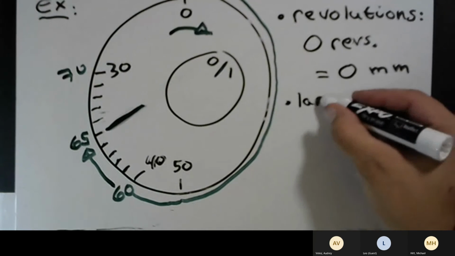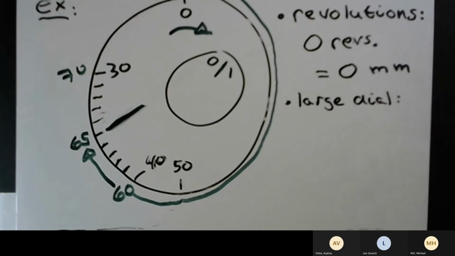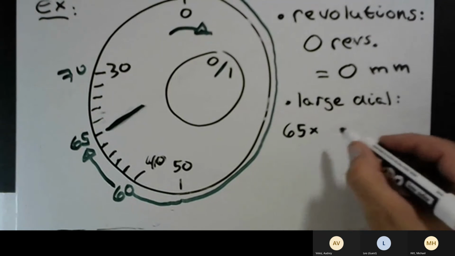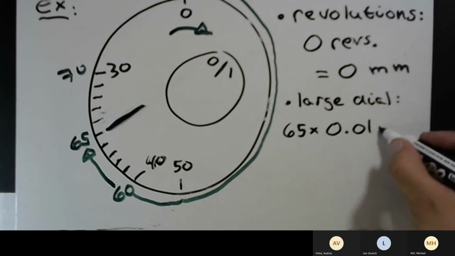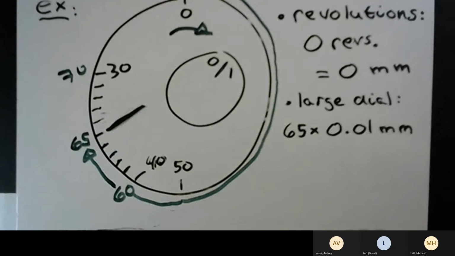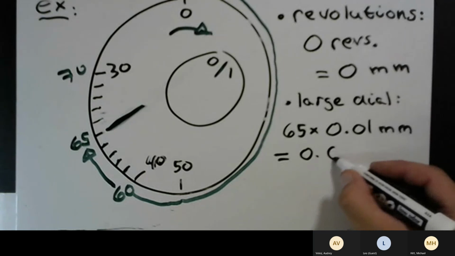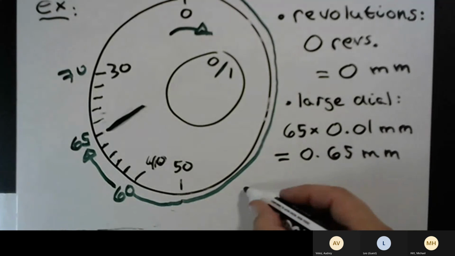So for the large dial, we'll take 65 times a positive hundredth of a millimeter because we're going to the right, or clockwise. And so we get 0.65 millimeters, or 65 hundredths of a millimeter.